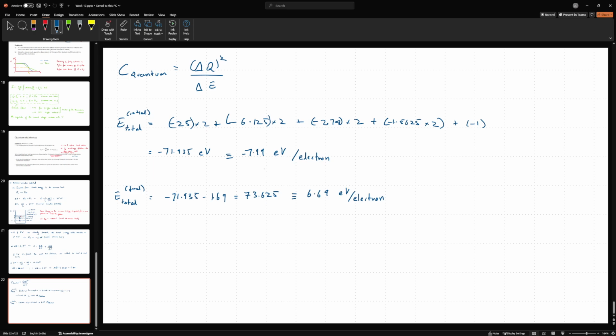Delta E is now the difference between these two, 7.99 to 6.99, which comes out to 1.3. Every electron on average has gained 1.3 electron volts. So delta E is equal to 1.3 eV per electron.